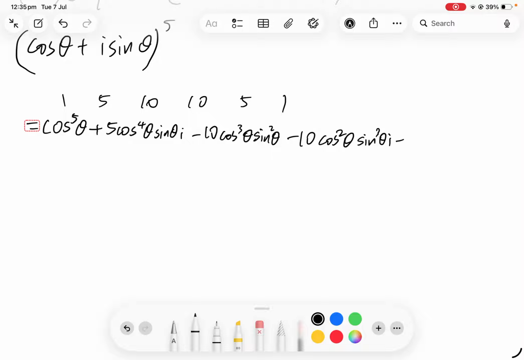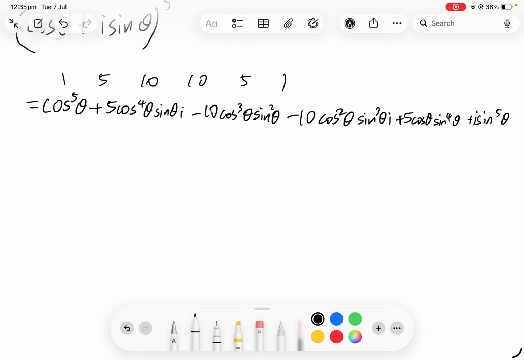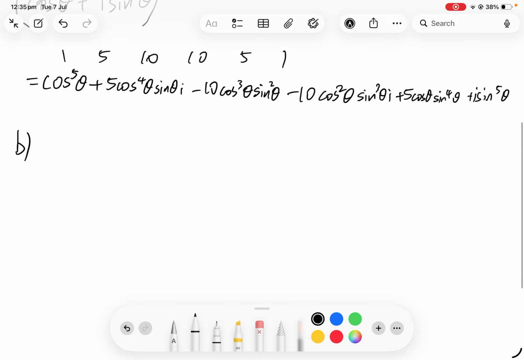And then we have plus 5 cos theta sine 4 theta as the i to the power 4 becomes 1, and then that becomes i to the power 5, which is just i again because it's one rotation, so you plus sine to the power of 5 theta i. Well, that's very long, and that's it for part A of this question. It shows how hard the other one's gonna be. Okay, actually not that bad.